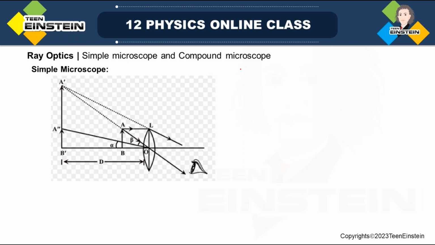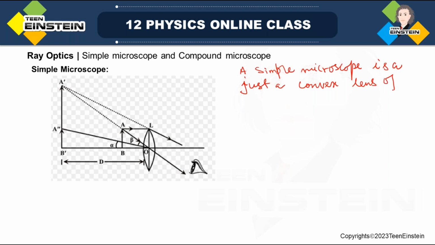So let me first write what is a simple microscope. A simple microscope is just a convex lens of short focal length, held close to the eye.